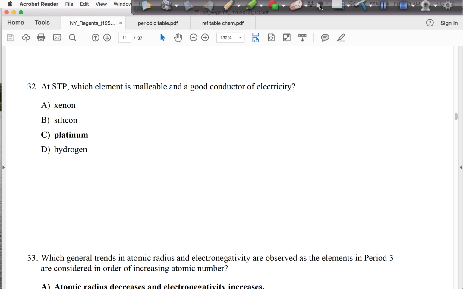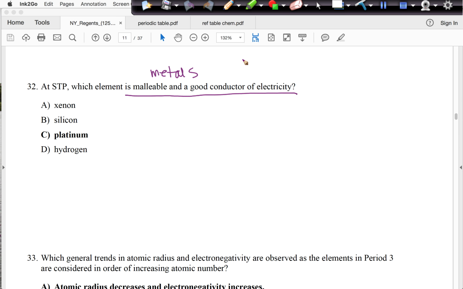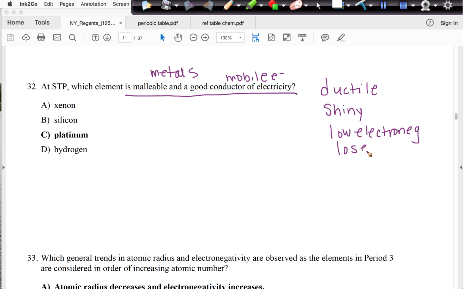When the question asks which conductor is malleable and a good conductor of electricity, these are 2 of the properties of metals. Remember that besides malleability and being good conductors of electricity because of their mobile electrons, metals are also ductile, they are shiny, they have luster, they have low electronegativities, which means they lose electrons more easily.